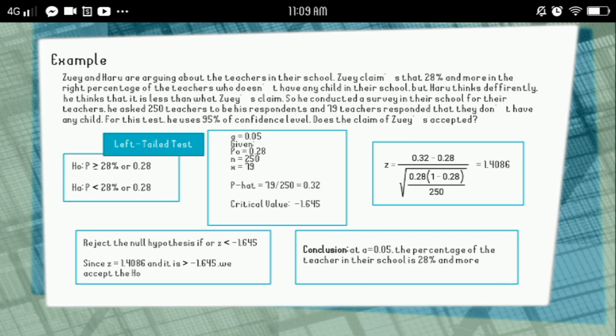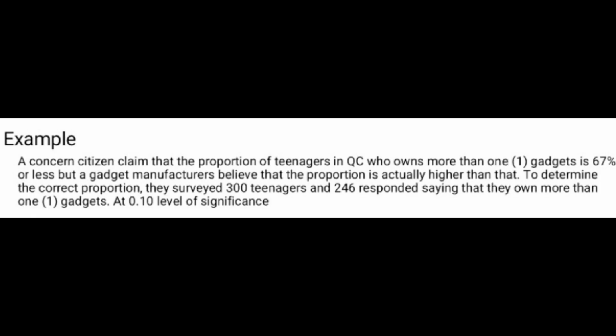So, let's try for the last time. Yung pangatlong example, you can pause the video to solve on your own and check later. So, for the last example, a concerned citizen claimed that the proportion of teenagers in Quezon City who own more than one gadget is 67% or less.